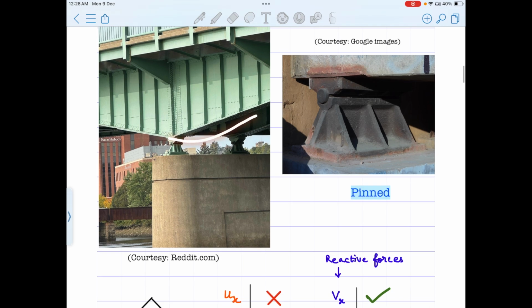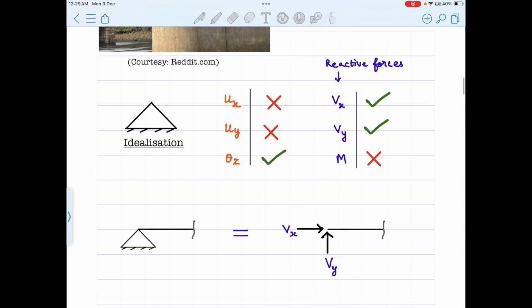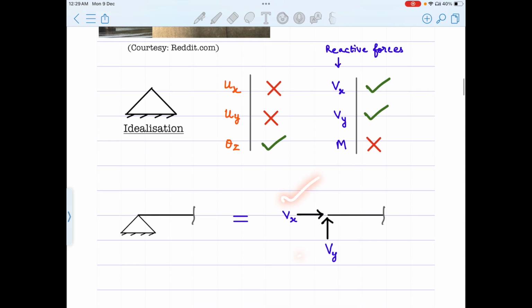I'm not showing it properly here, but you need to understand that this rotation, theta z, is permitted. The translations such as uy and ux are restrained, which means the reactive components relevant to that do develop, right? So in the free body diagram, we see that Vx and Vy exist, but not the reactive moment, right?